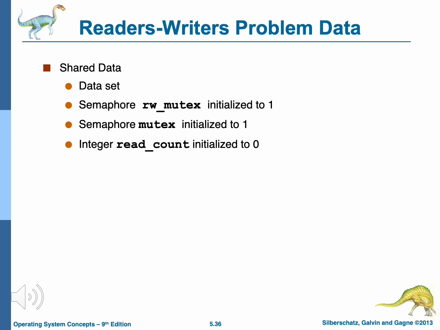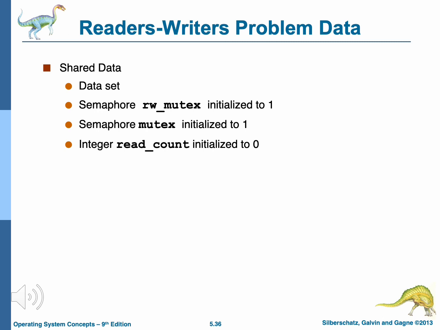Read count is initialized to 0. The Semaphore RW mutex is common to both reader and writer processes. The mutex semaphore is used to ensure mutual exclusion when the variable read count is updated. The read count variable keeps track of how many processes are currently reading the object.